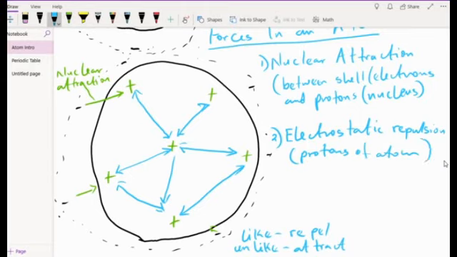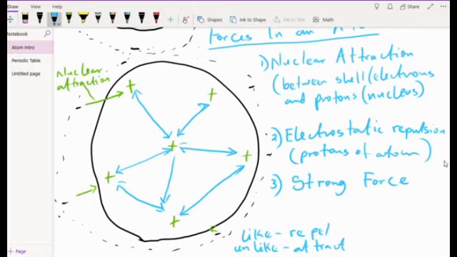Then the third force is what we call the strong force. There's a reason why it's called a strong force, because it is actually the strongest force known in the universe.